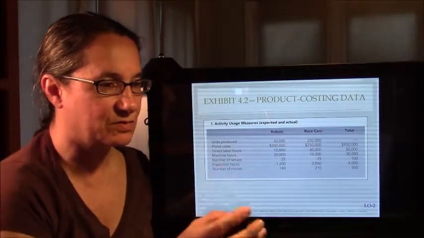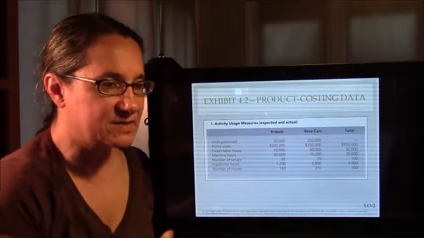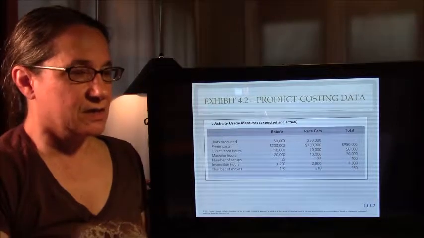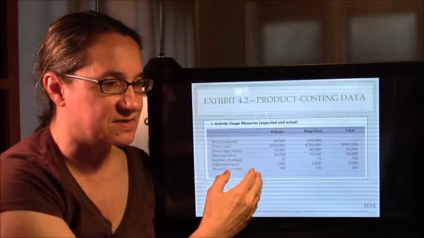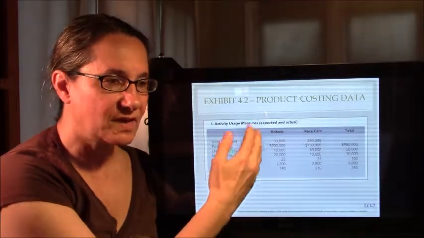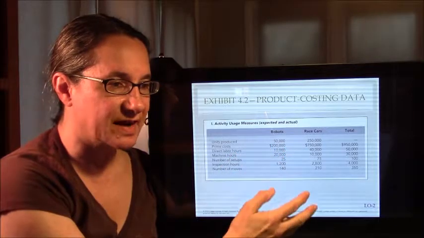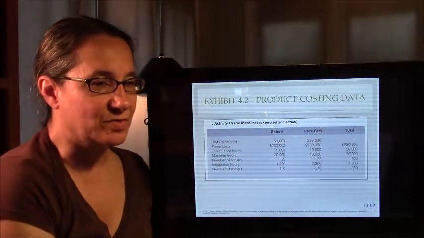How do the molds affect things like setups and inspections? Just what's the difference? Is one very labor intensive, one not? So we look at our activity usage. You can see robots: less direct labor, but more machine hours, fewer setups, fewer inspections, fewer moves, right?